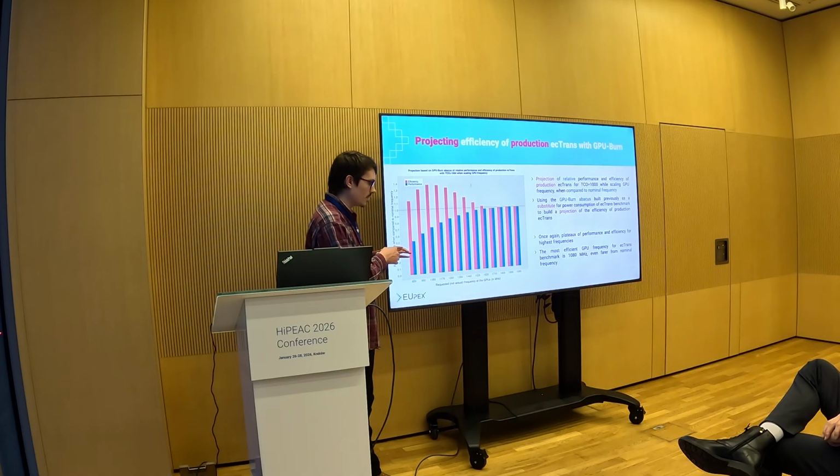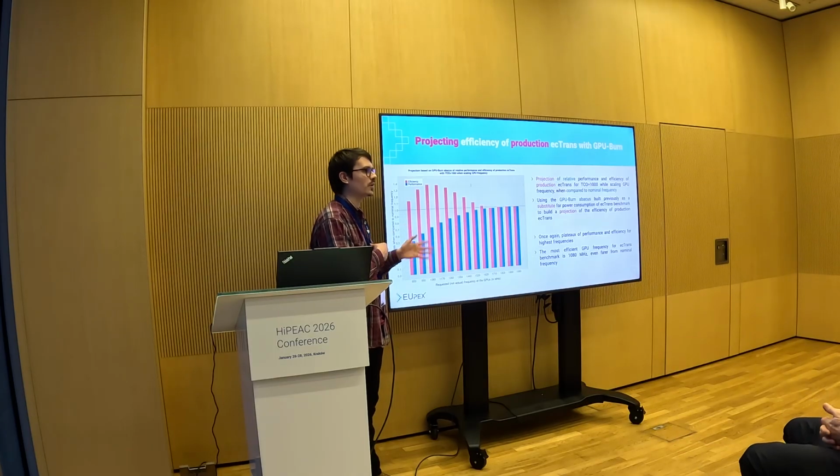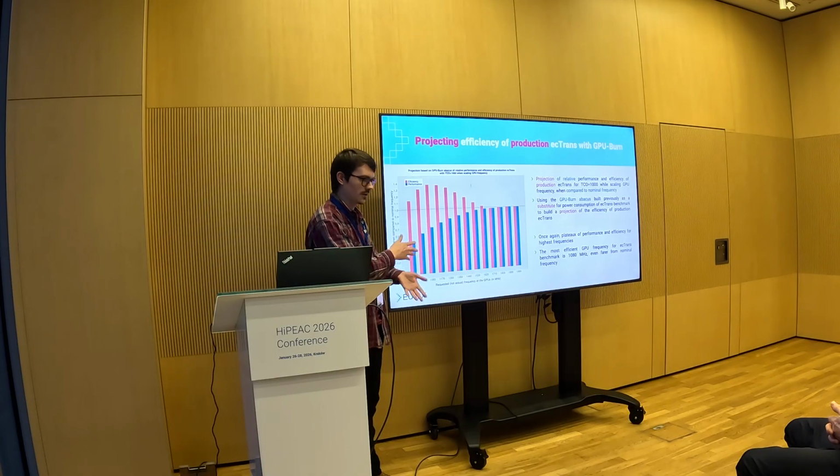I asked GPU burn, you can specify how long you want it to run. I used 5 minutes, because that was kind of the same execution time as the EC trans benchmark. And that's not too short to be able to properly hit the components. That's something important when you are doing power measurements.